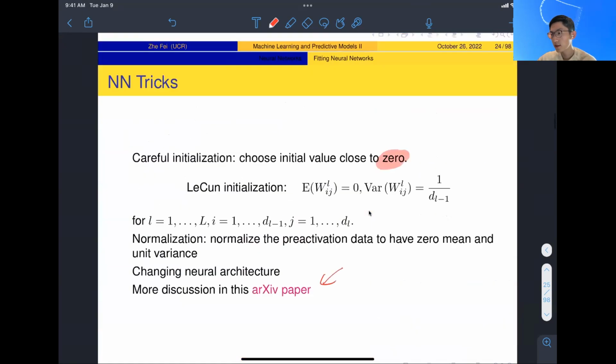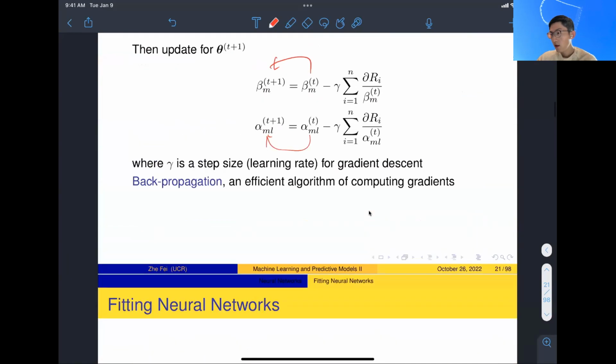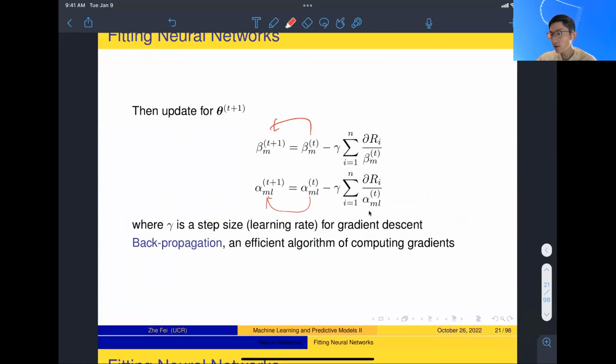Let's see if we have a formula here. Essentially this gamma: at each update, a larger gamma, a larger learning rate, means you would have a bigger update, or a bigger step, and a smaller learning rate means at each iteration your update would be more conservative.